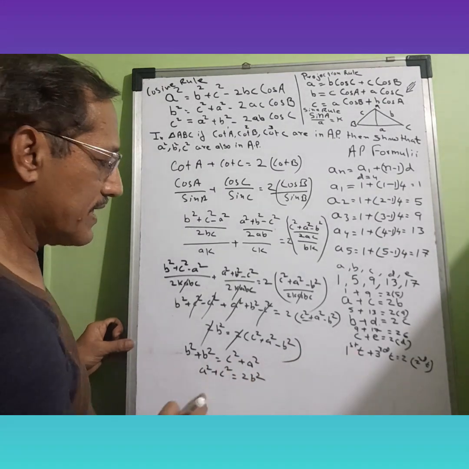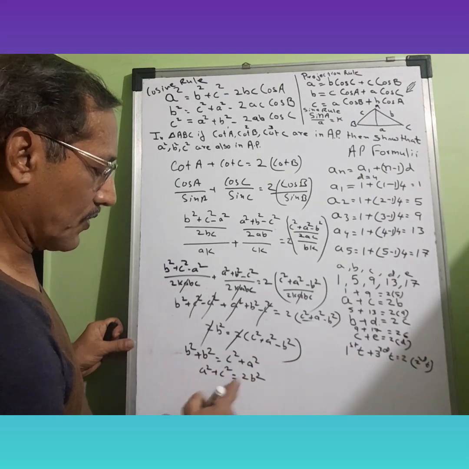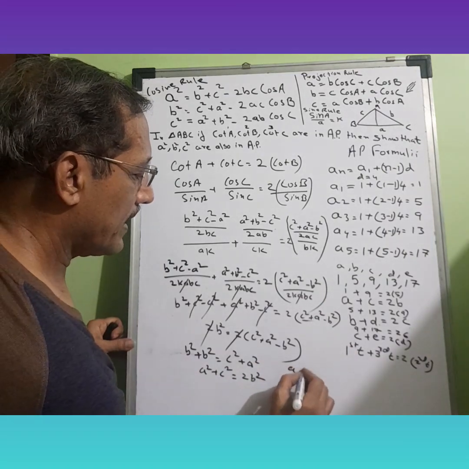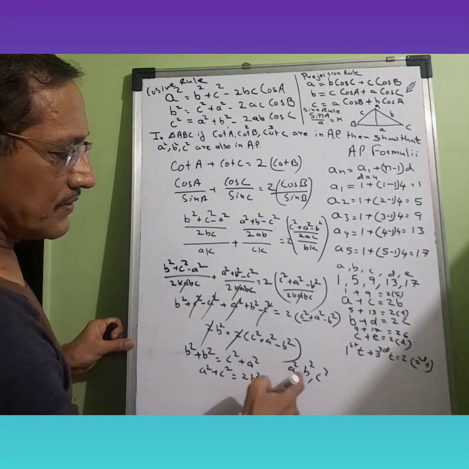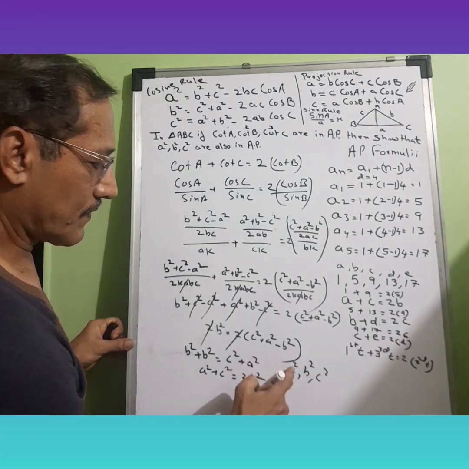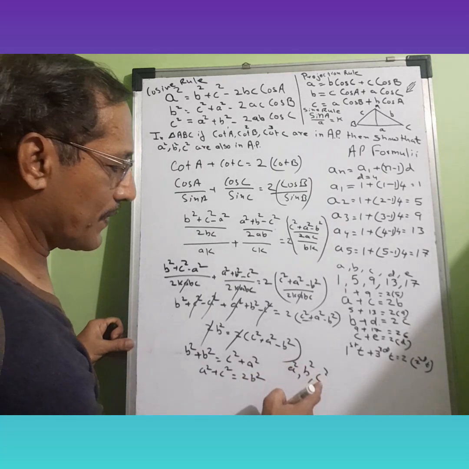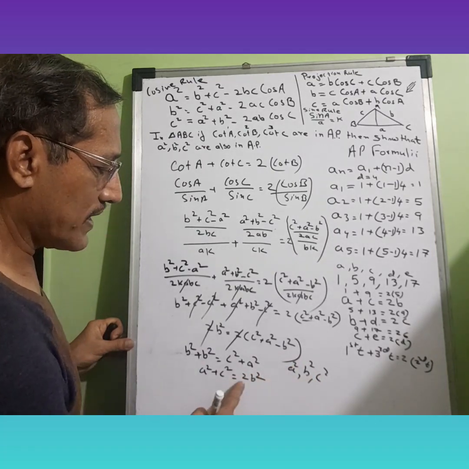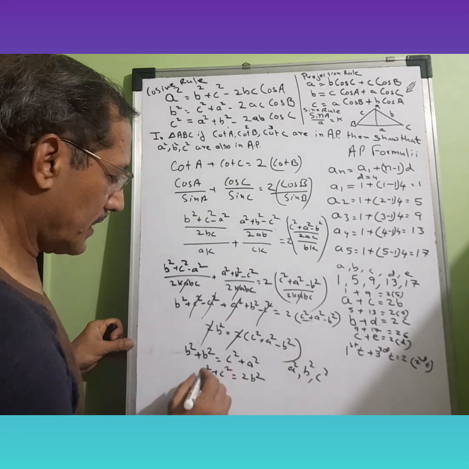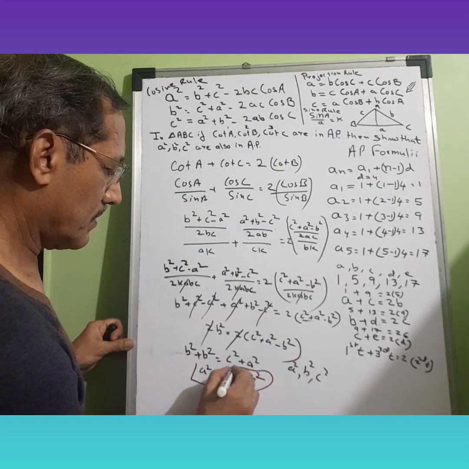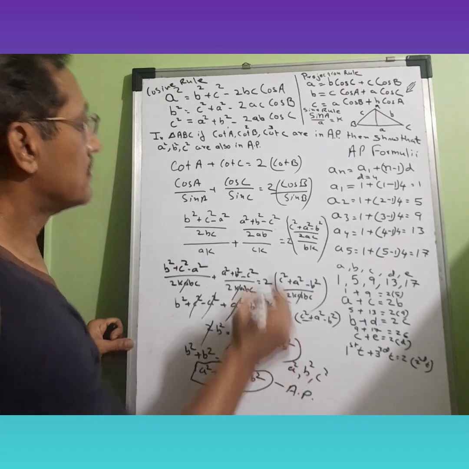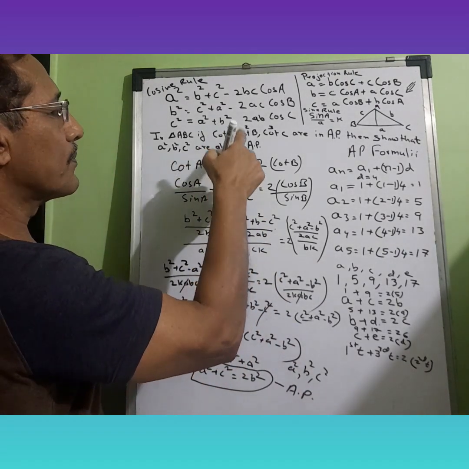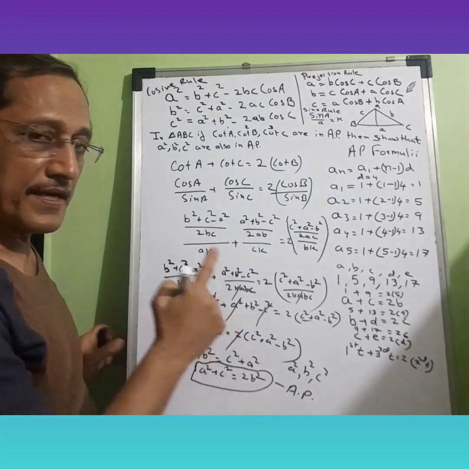So isn't it the same thing? If we assume a square, b square, c square as 3 terms, then the sum of the first term plus the second term is twice that of the middle term. So we proved that cot A, cot B, cot C are in AP.